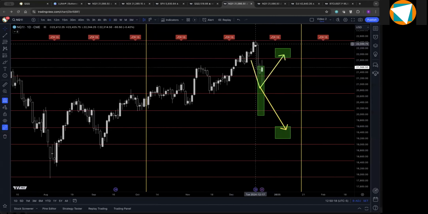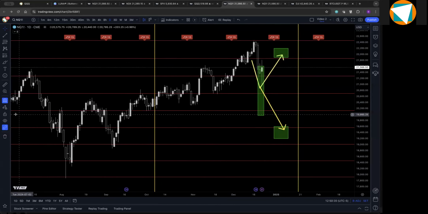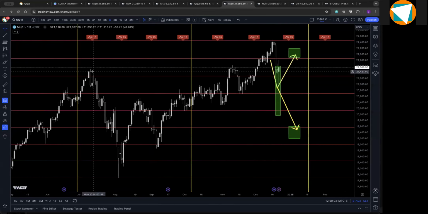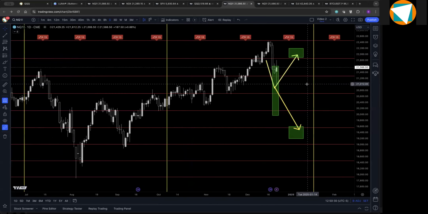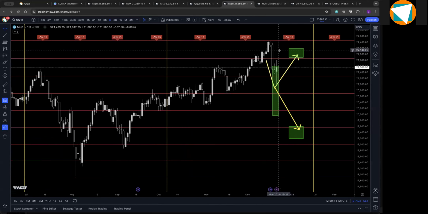And it was also pretty good at the top here, and also at the top in July. There's a little deviation above, and then Mars Uranus 15 kicked in and pushed it back down. So I am biased. My bias right now, based on everything that I'm seeing, is that we take the lower path. And the reason for that is, well, there's multiple reasons.